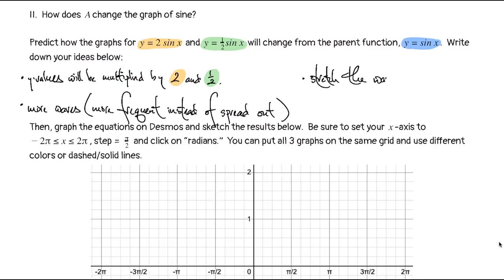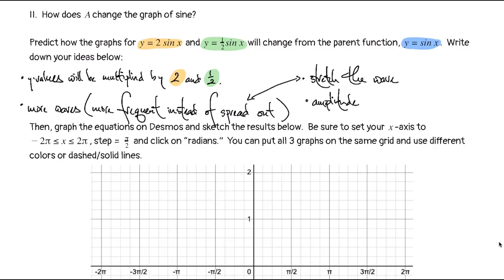Thea, when you say stretch the wave, do you mean like how Gloria was saying, like you sort of stretch them sideways? Or what do you mean by stretch the wave? Okay, so like more waves or maybe stretching the wave sideways.